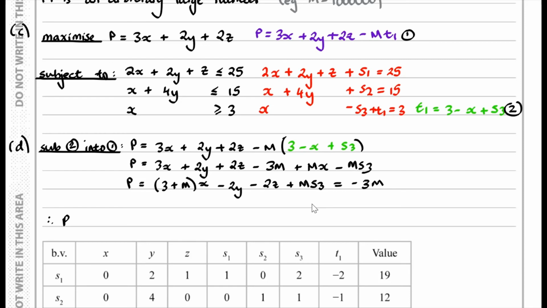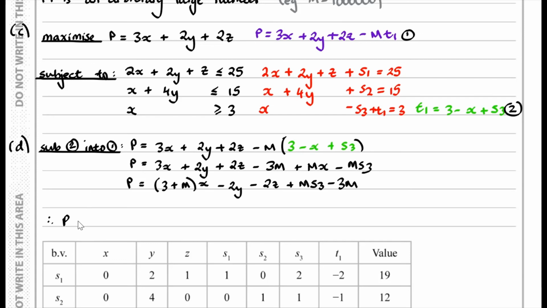Let me just make sure I'm doing everything right. Sorry, I was supposed to put over here minus 3M. Okay, and that's over here.